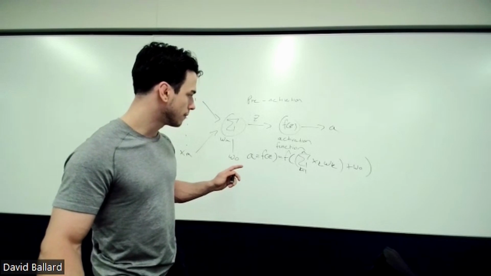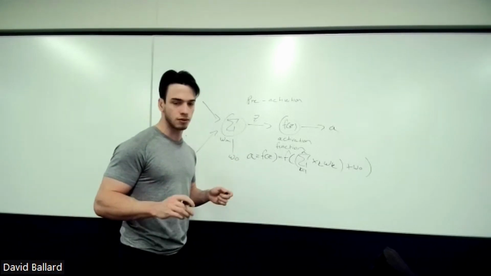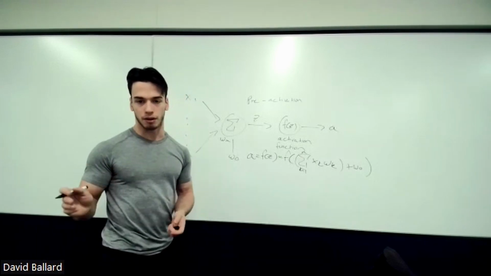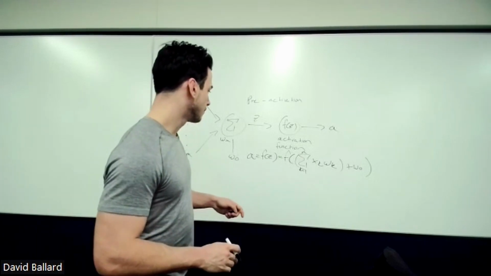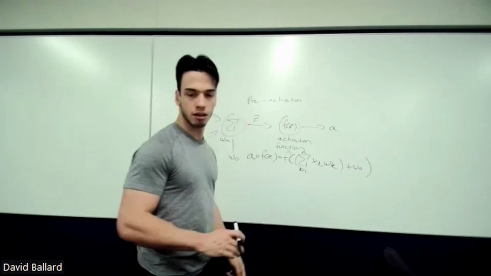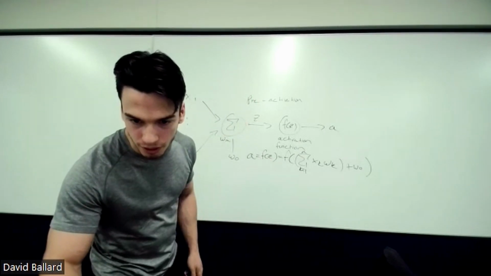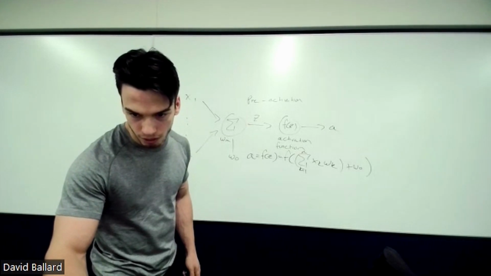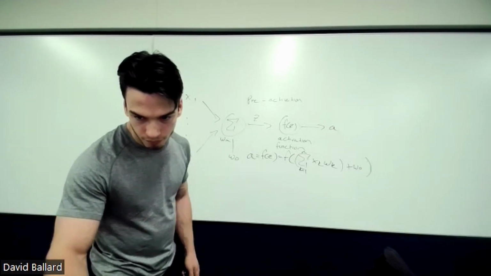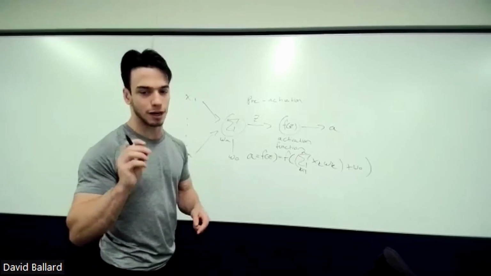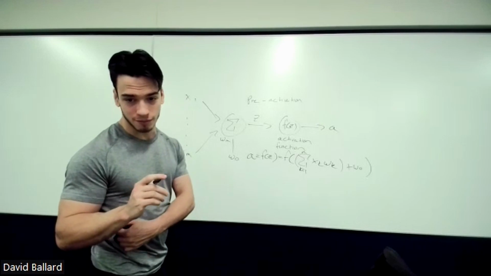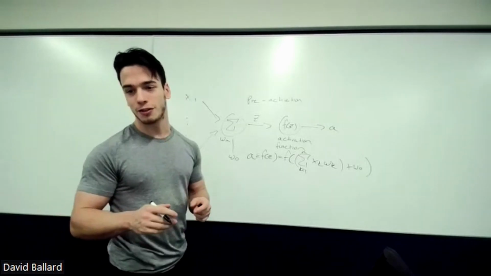And you're going to do the dot product between those. And then your output is going to be n by 1. So f here, your activation function, is going to be n by 1.